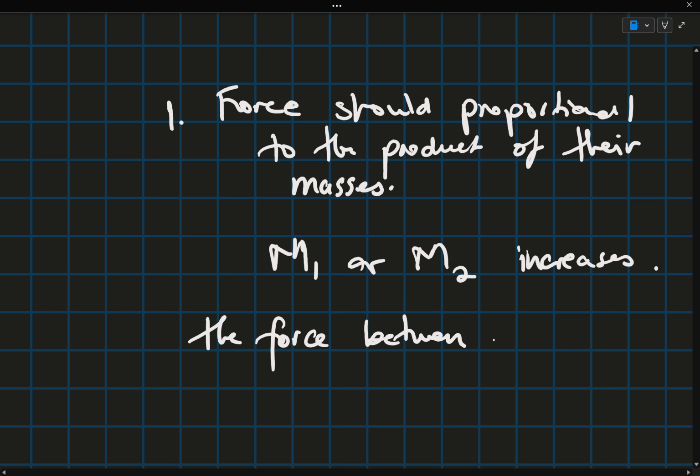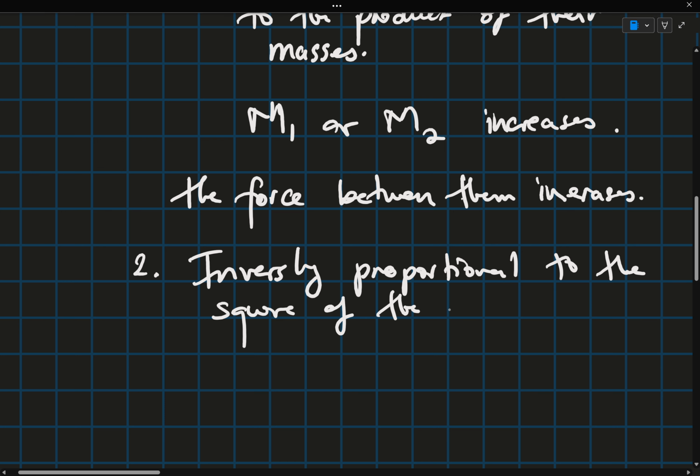Fact two: it should be inversely proportional to the square of the distance between them. It is a part of what we call the inverse square law.